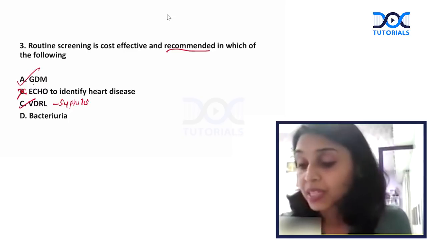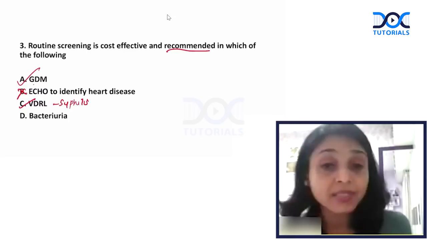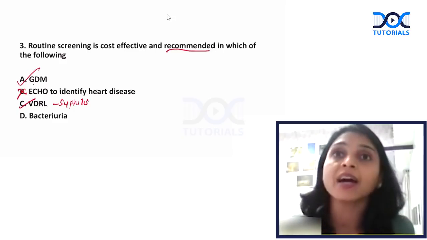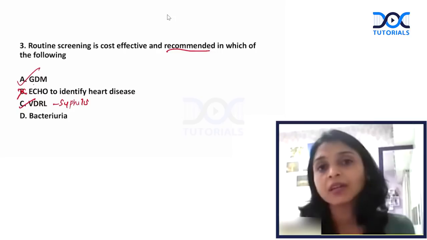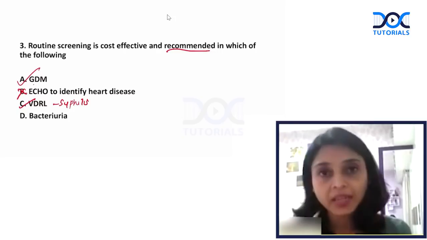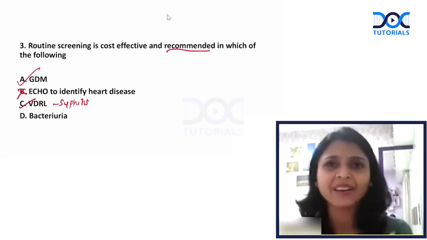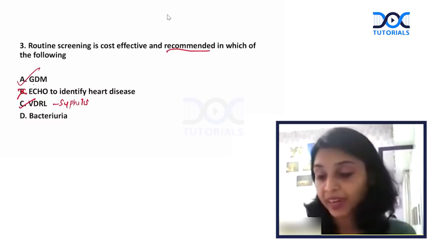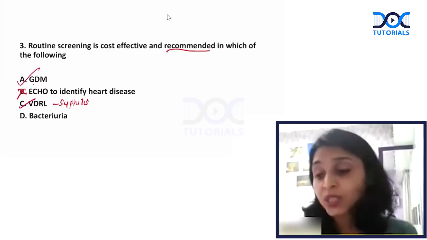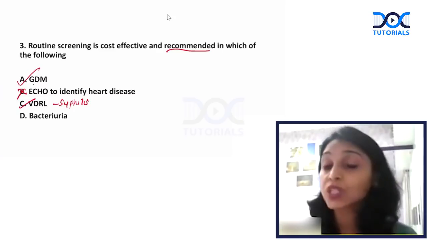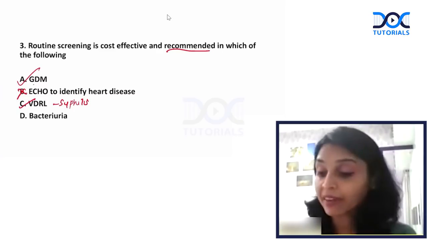GDM. So VDRL, that you know, right? That is done for syphilis. And not only in India, even outside, we routinely screen antenatals for VDRL, HIV, HBsAg, all these things. Whereas syphilis is not that prevalent in India, so the studies are showing that it is not that much cost effective like GDM.